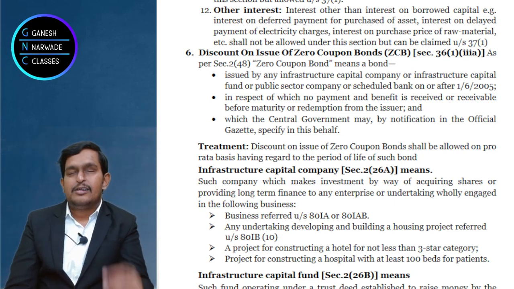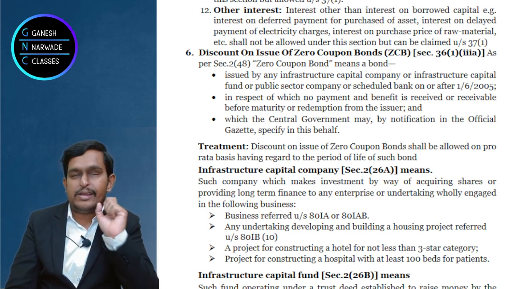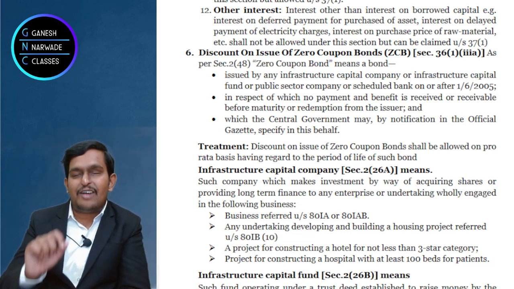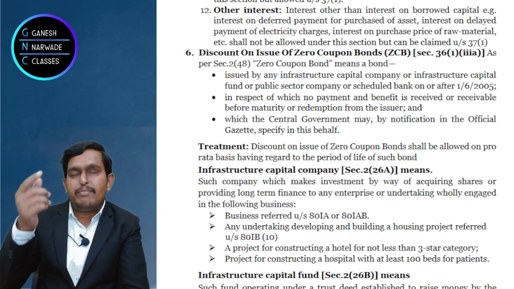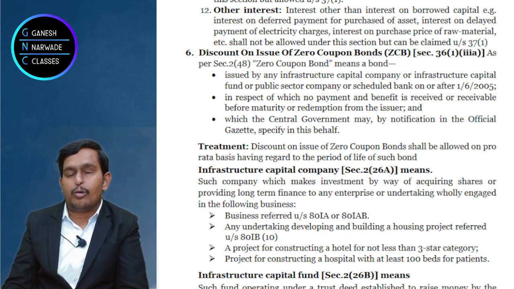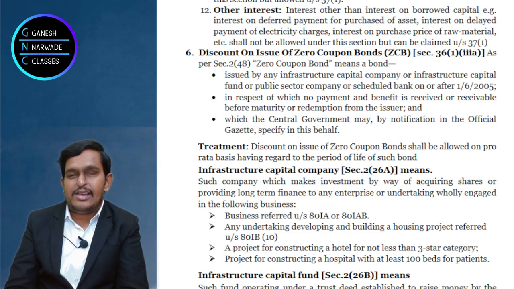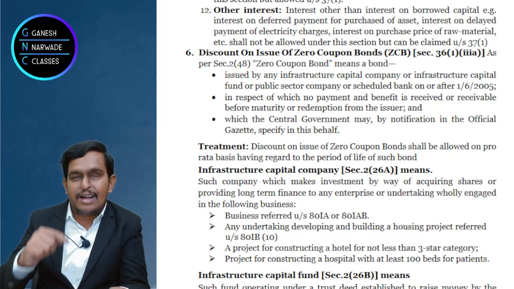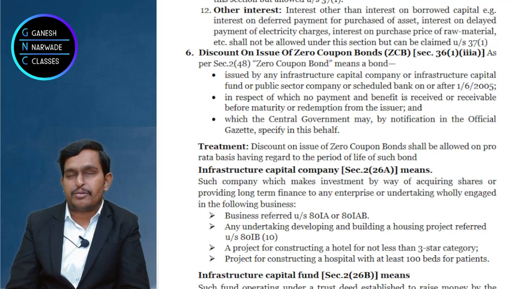They said today you pay 60 rupees and after 5 years they will pay back 100 rupees. So I spent 60 rupees, and I am getting back 100 rupees after 5 years.